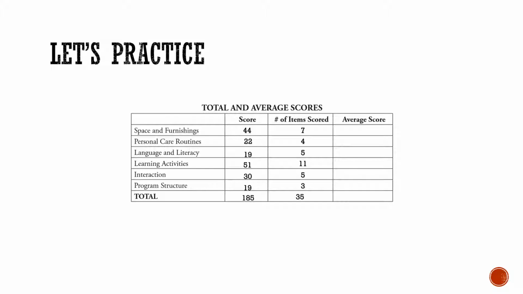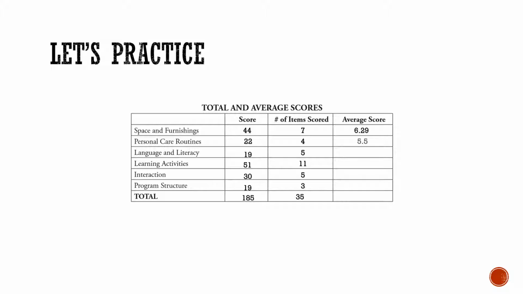Let's do one more practice. Obtain the average score for each subcategory and the overall average score. Space and Furnishings has an average score of 6.29.